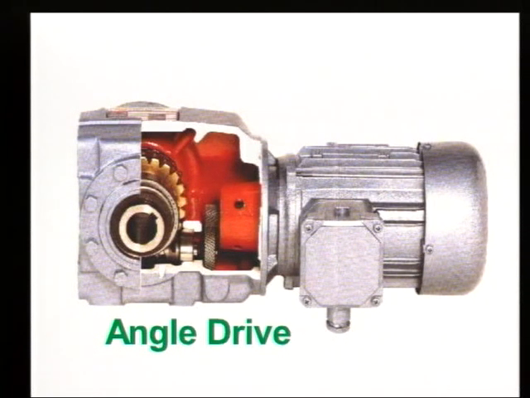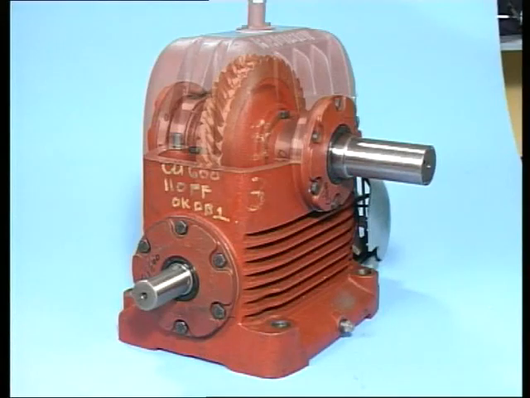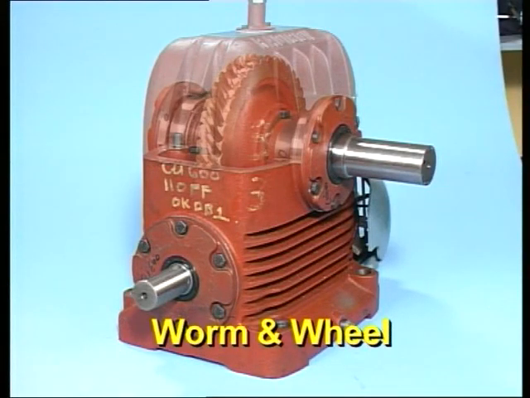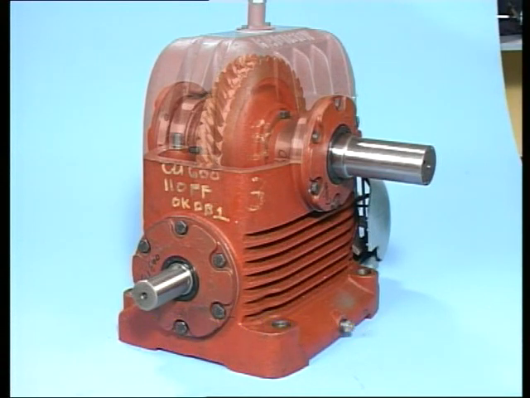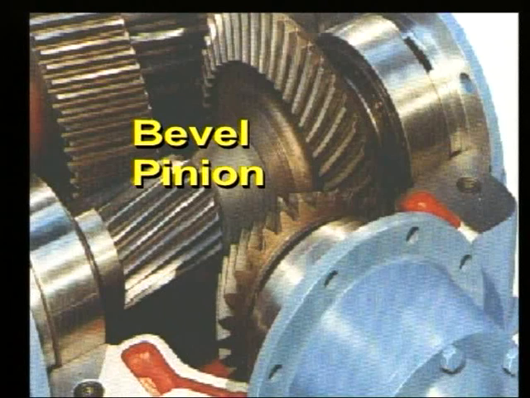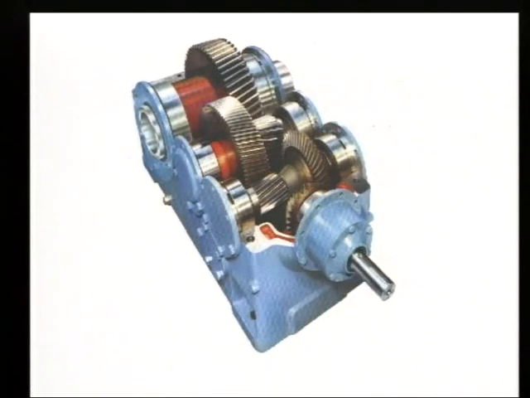For this reason, this type is usually known as a right angle drive. The most commonly seen type is the worm and wheel unit, such as this popular Radicon. Another common angle drive reducer is the bevel pinion drive. Note that this type most usually continues its reduction through parallel shafts.